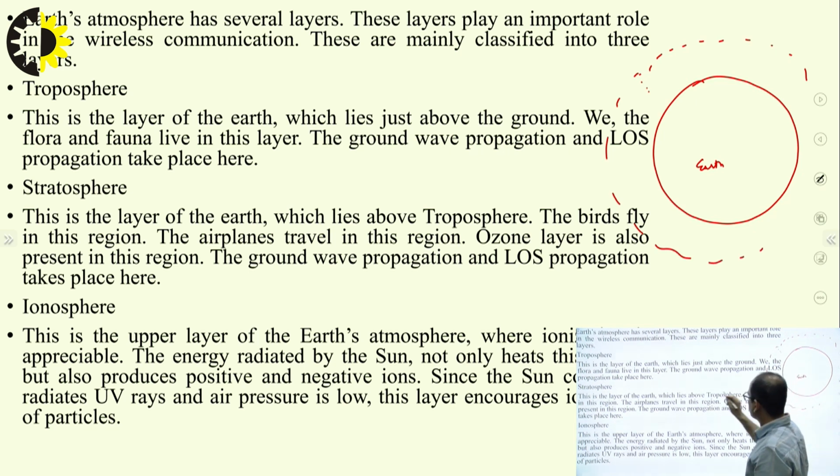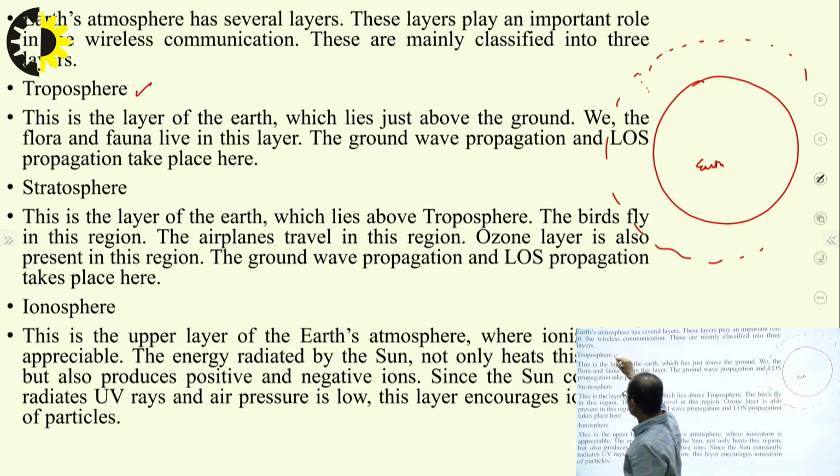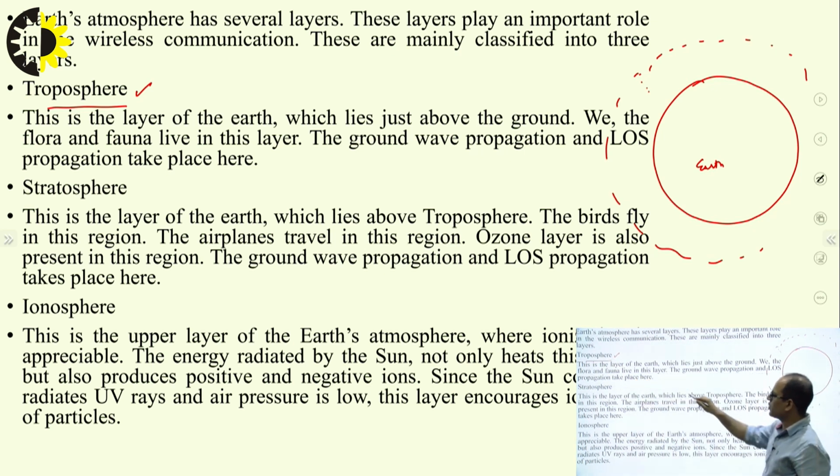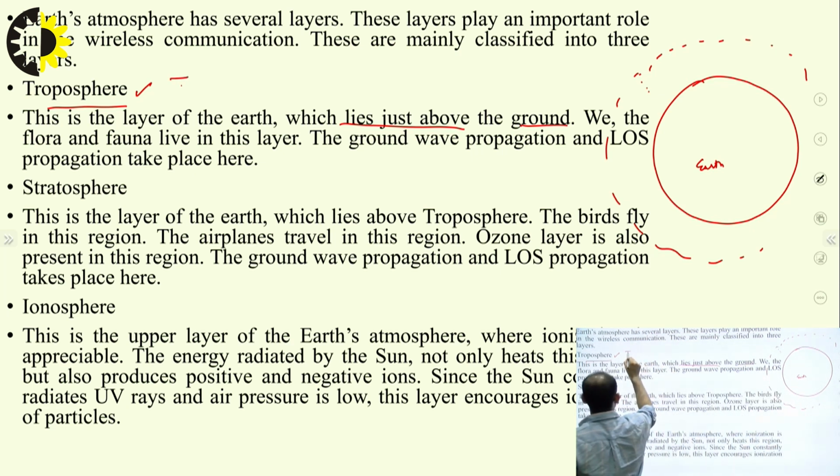The layer which is close to the Earth, lying just above the ground, is known as the troposphere layer. Ground wave propagation and space wave propagation generally take place through the troposphere layer.